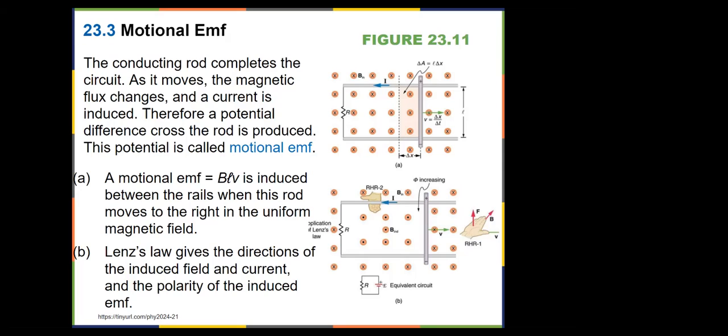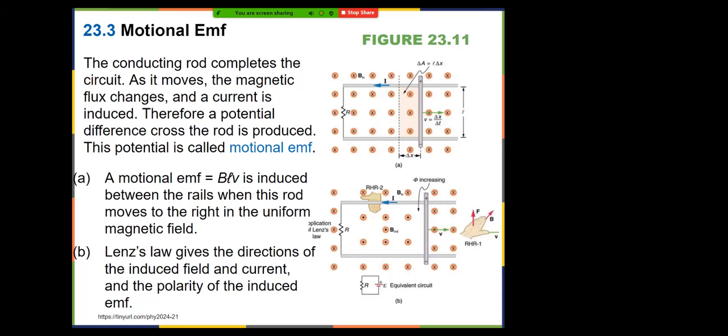In the figure shown here, you have two metal rails, or conducting rails, with a resistor connected to them, and this is also a conducting rod. If you have a rod sliding along these two rails, then the loop that the resistor, the rails, and the rod make will be changing.